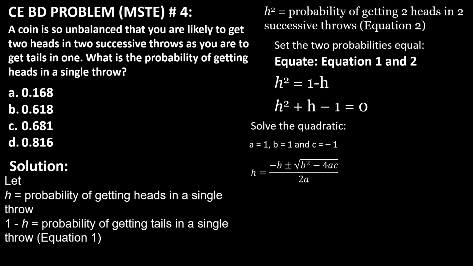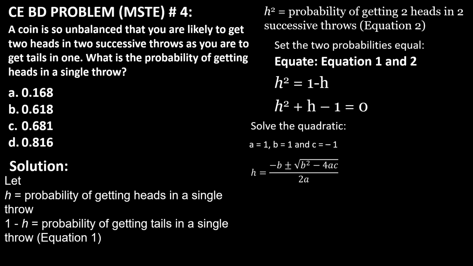After knowing the values of a, b, and c, we can now use our quadratic formula, which reads as h equals negative b plus or minus square root of b squared minus 4ac, all over 2a.